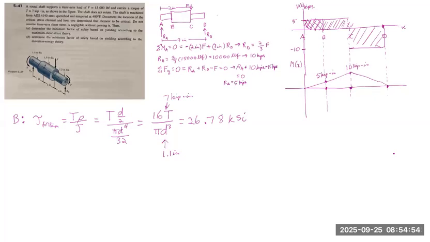So back to our problem, we have that sigma bending maximum is given by the moment at B, which is 5 kip-inch. But we'll first write the general form, which is Mc over I. So this is equal to M, and c is going to be where the maximum bending stress occurs, which for a beam, if you remember from mechanics of materials, is going to be at the very top.